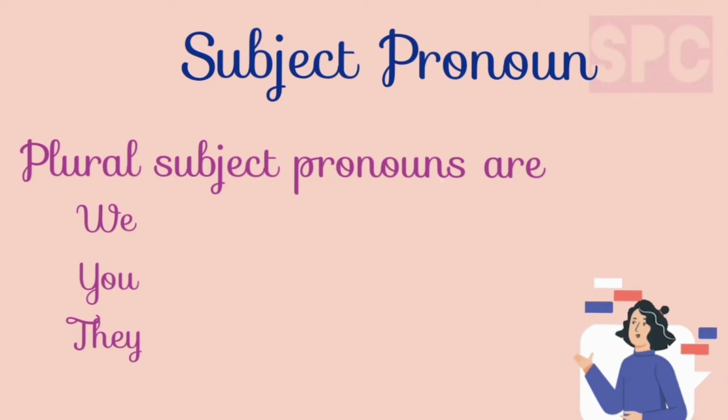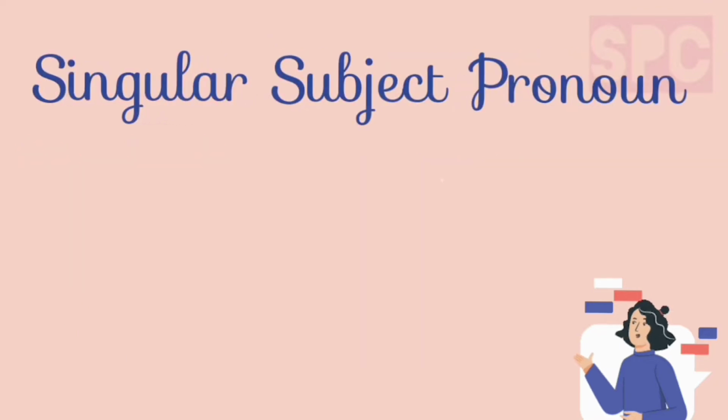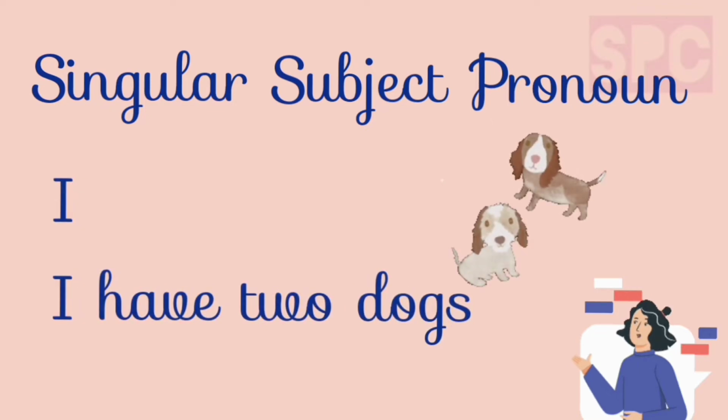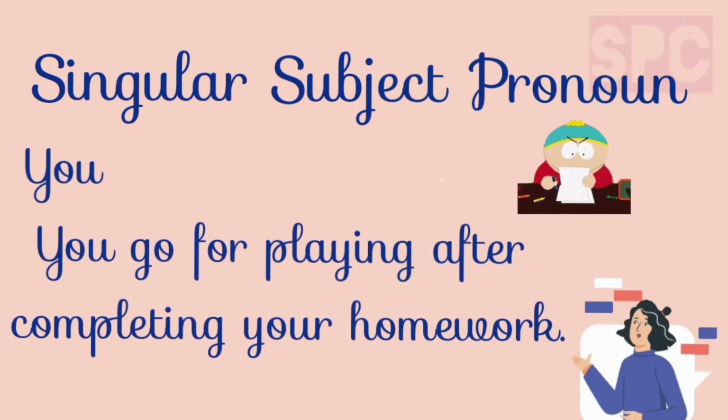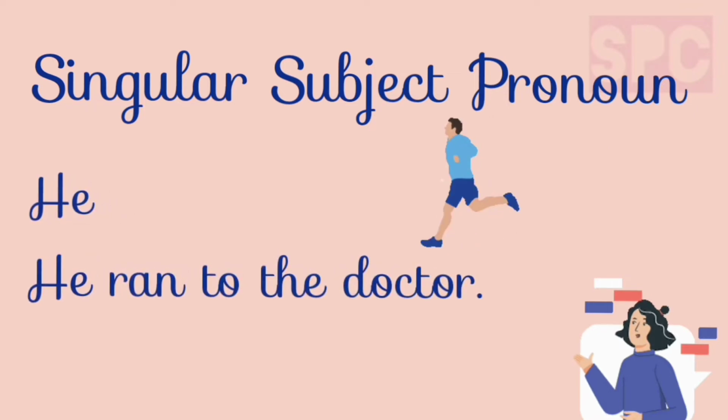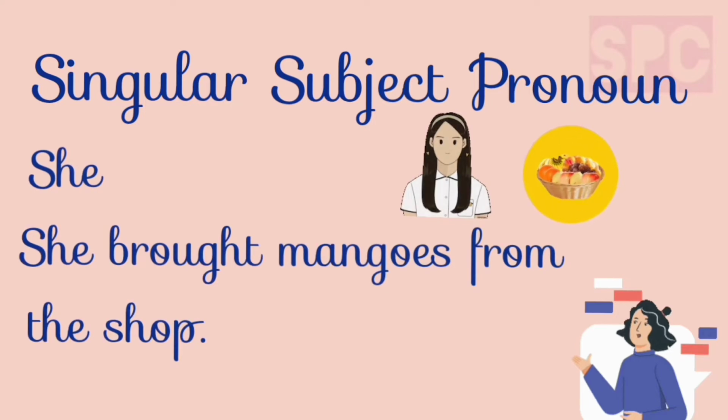Let's understand how to use these subject pronouns in sentences. Singular subject pronoun I. I have 2 dogs. You. You go for playing after completing your homework. He ran to the doctor. She brought mangoes from the shop.